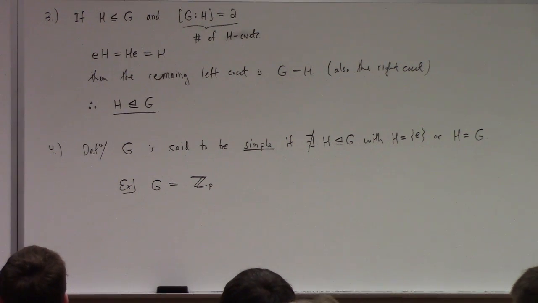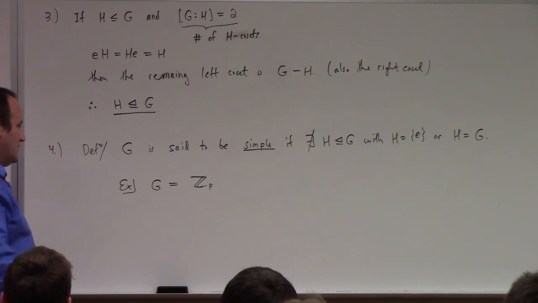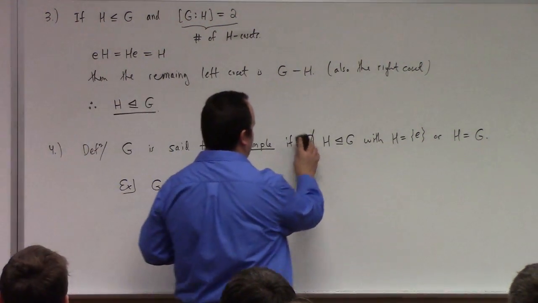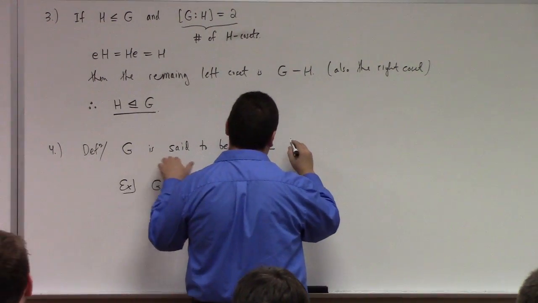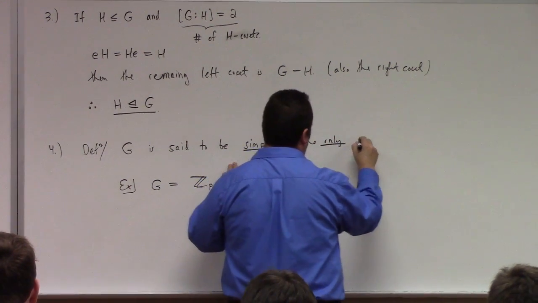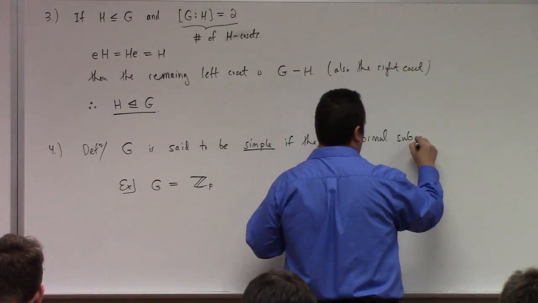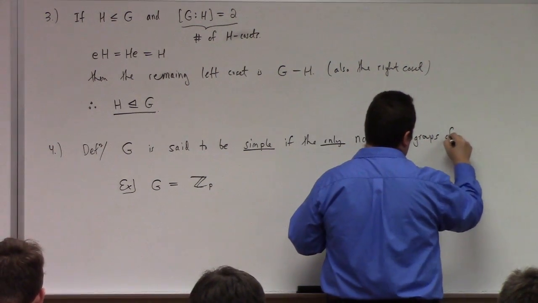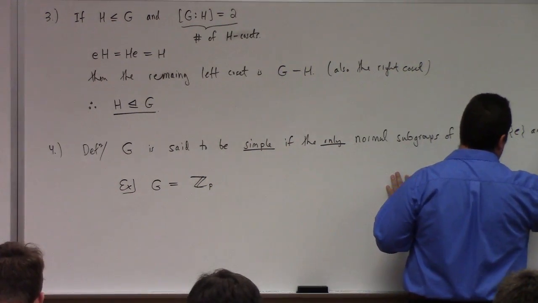Let me try this again. G is said to be simple if the only normal subgroups of G are E and G. There.